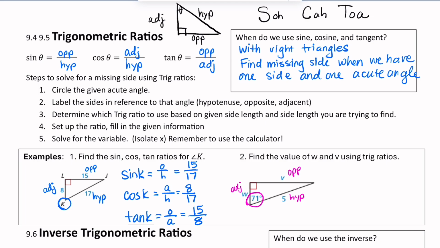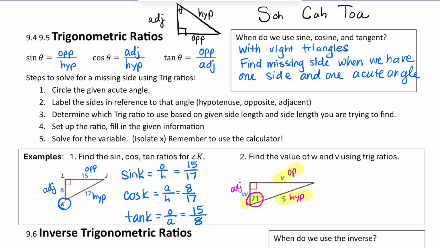So if we want to find V, then we need to use the angle we're given and also the side length we're given with this guy that we're trying to find. Which function has hypotenuse and opposite in it? Okay, we can see that it's sine. Sine is the function that has opposite and hypotenuse.